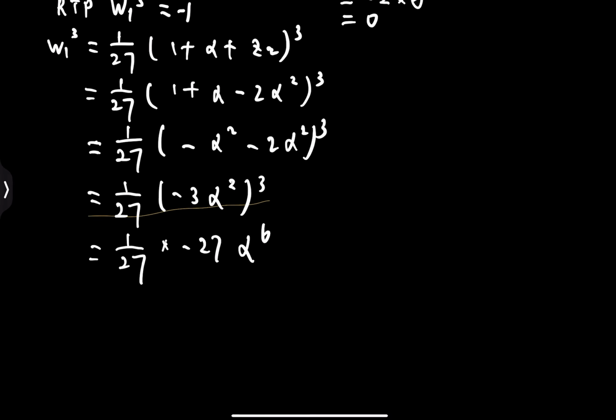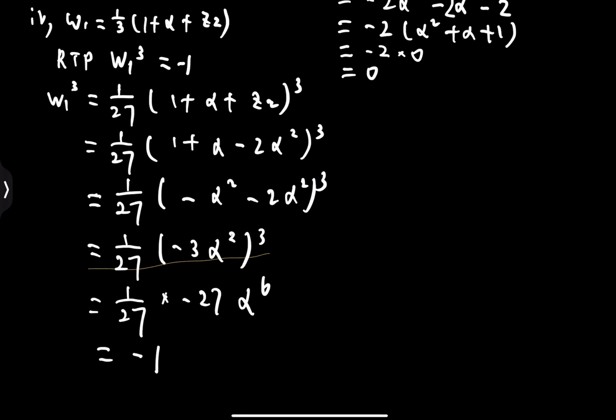Since alpha cubed equals 1, alpha to the 6 will equal 1 as well. So then that gives me negative 1. So we proved W1 cubed equals negative 1, which means W1 is a cubic root of negative 1. So that's the first one.